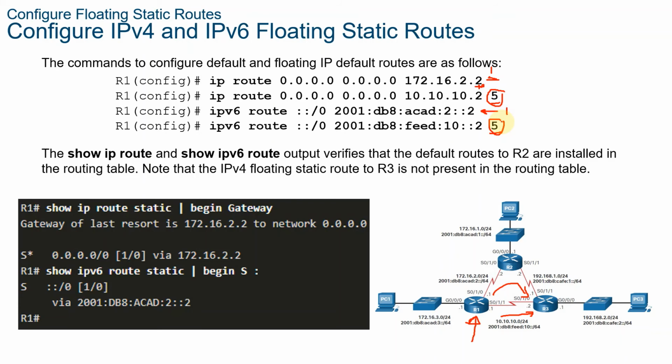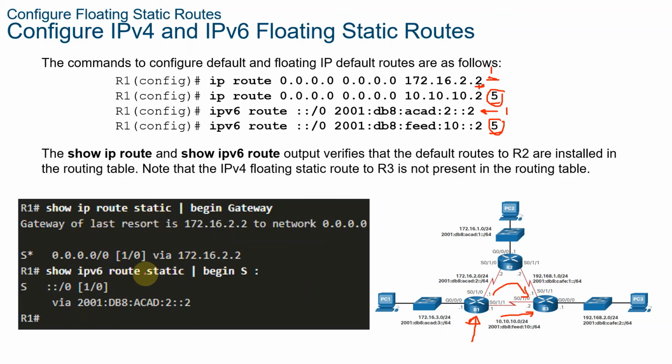All right, so the show ip route command and the show ipv6 route output verify the default routes to R2 are installed in the routing table. Note that the IPv4 floating static route to R3 is not present in the routing table. So you'll have it here, show ip route static.